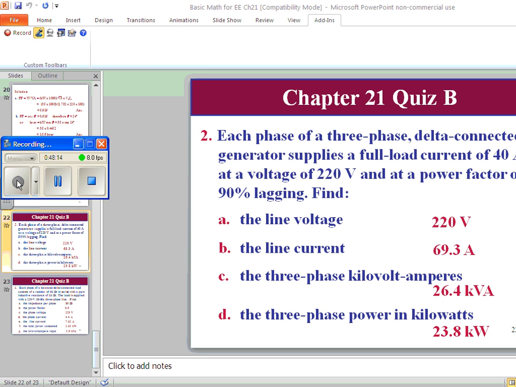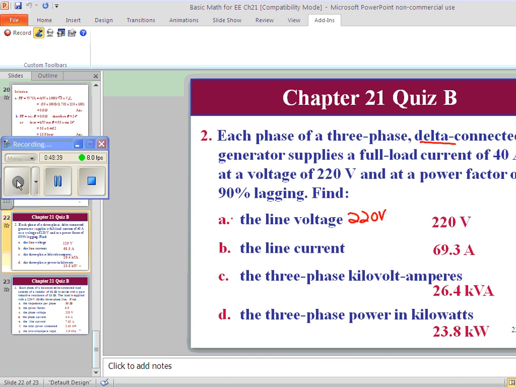We want to find the line voltage, the line current. Okay. This is a delta. So what's all the same in delta? Voltage. So the line voltage is 220 volts.